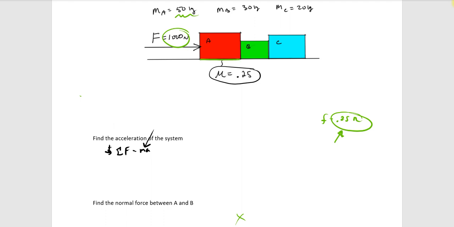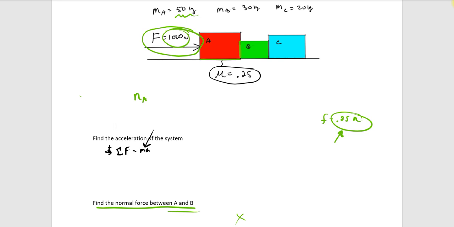If I were writing it, I would call it normal with an A on it, the normal acting only on A. That 1,000 newtons acts to the right on mass A. And here's a surface right here that's got another normal. That normal would act to the right on B, but it acts to the left on A. You're going to need to get that in there. That's the force this is talking about, the normal force between A and B.